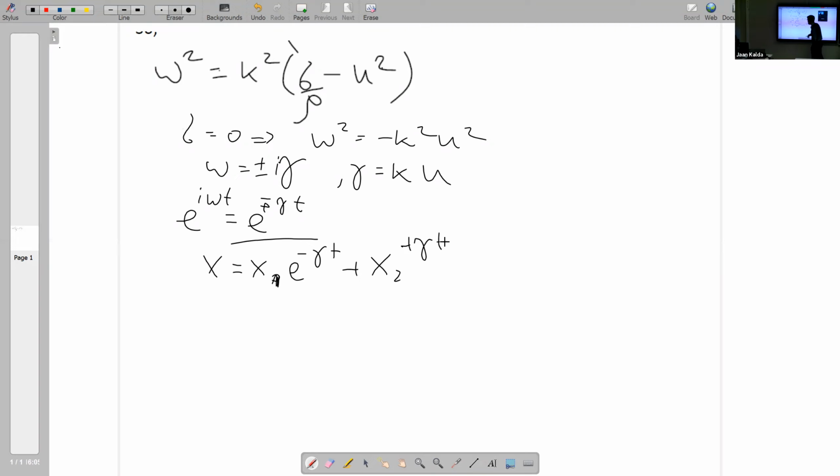And then we can see that one of them goes away as time goes on, and the other one remains and starts magnifying. So overall, it will start growing exponentially in time. And that's what we call linear instability: the perturbation grows exponentially in time. And this is the universal behavior with pretty much all the instabilities when you can linearize.